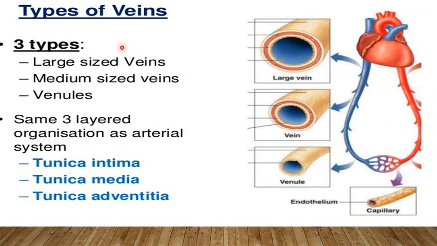The veins, same as the arteries, are also divided starting from the venules. Now we are going from the distal to the proximal side. From the venules they become larger and are known as medium sized veins, and then when their caliber increases, they become the large sized veins.